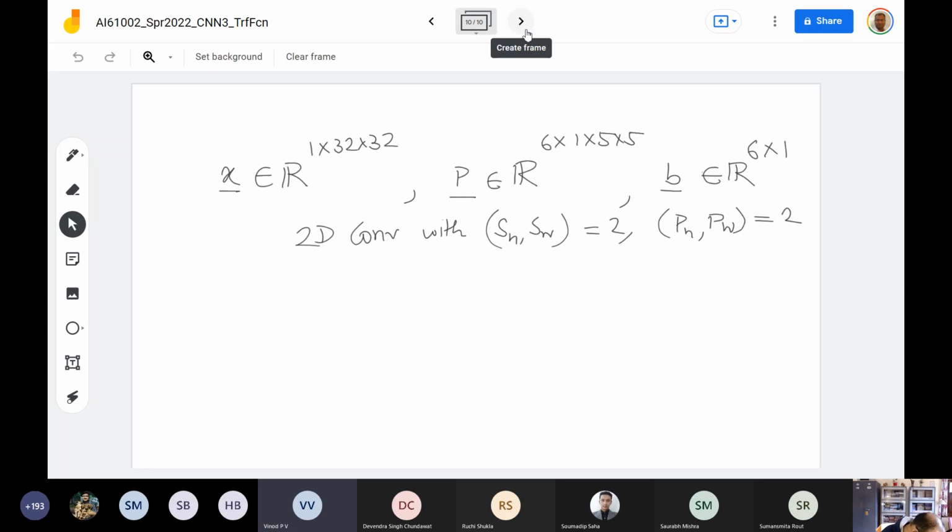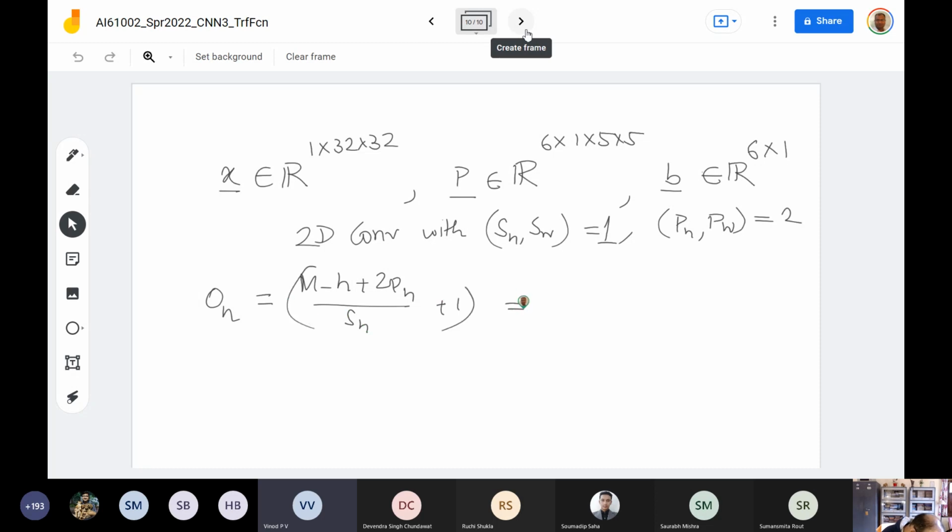No, my stride is 1. My stride equal to 1. Okay, if I have this kind of a situation, then what comes down? What will be my OH? OH is equal to M minus H plus 2PH divided by SH plus 1.